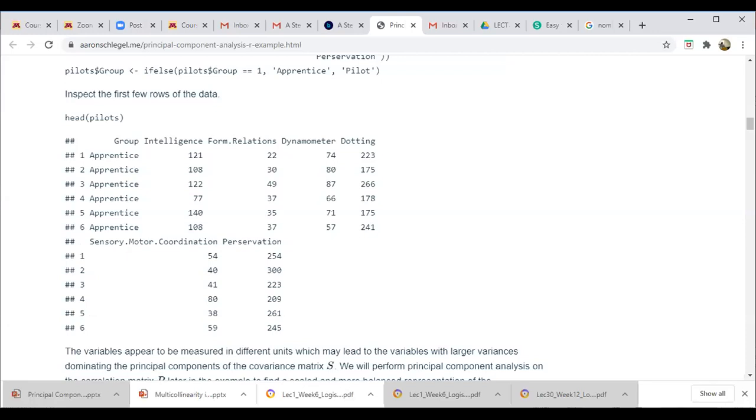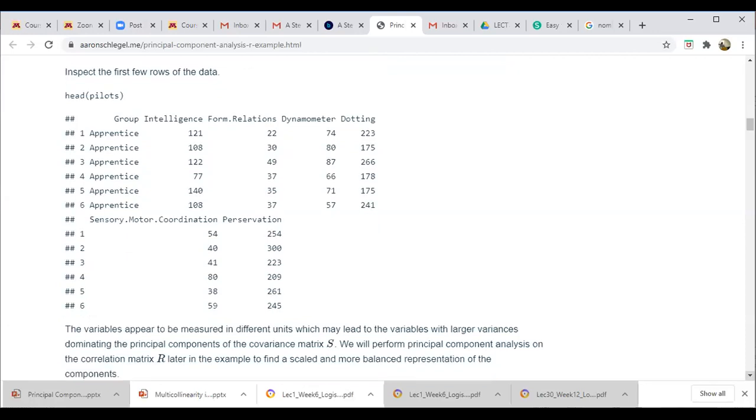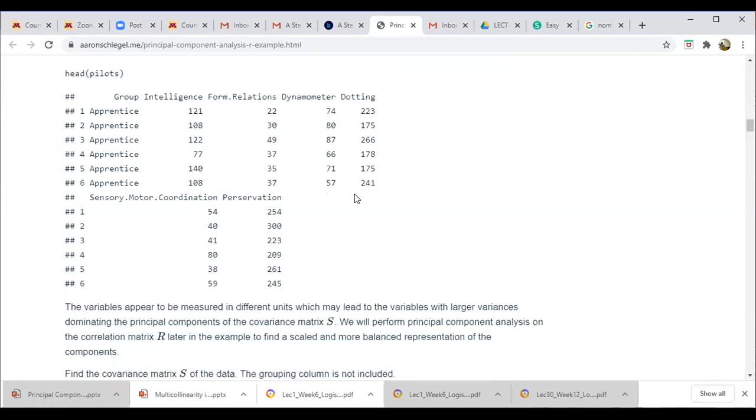Now, there's a question I want to ask you. If the number of experimental units is the same thing as the number of predictors, I'm going to say that again, there's going to be a problem.